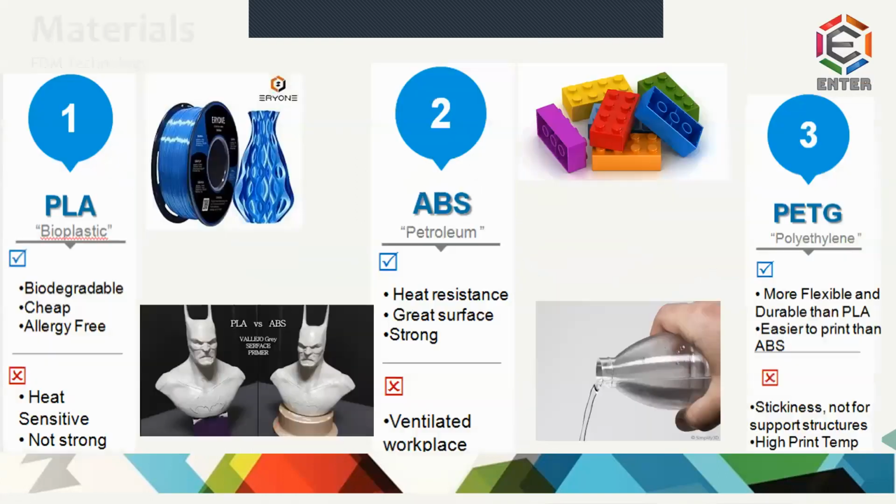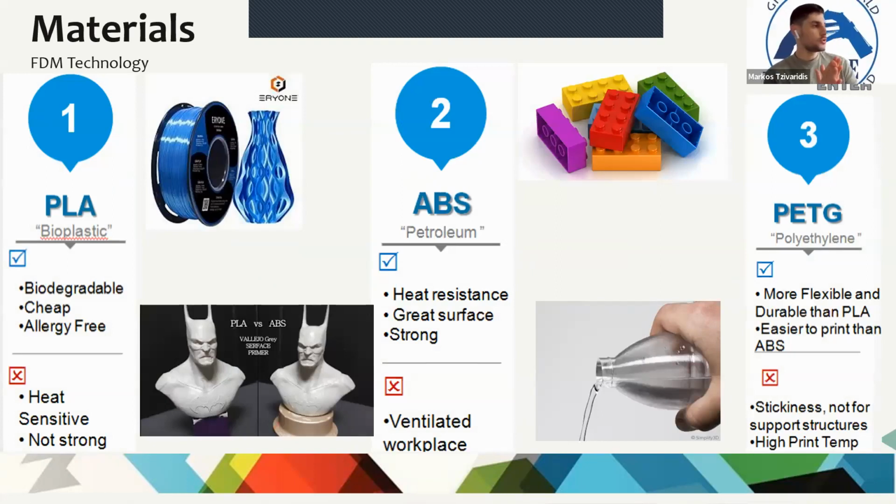Now, the materials used for FDM, as I said, the first one and the most known is PLA. The full name is polylactic acid, which is a thermoplastic polymer called bioplastic because it is derived from renewable resources like cornstarch and sugarcane.